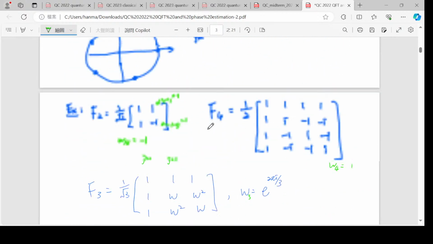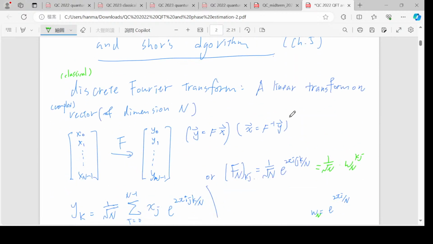And so some digression. We say this is a classical Fourier transform, but our notation is funny. If you compare to the actual classical Fourier transform, this is actually the inverse Fourier transform. Okay. So we are having a little different notation from the actual classical literature.